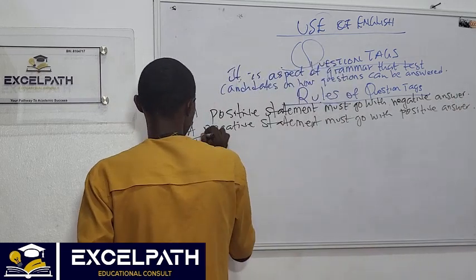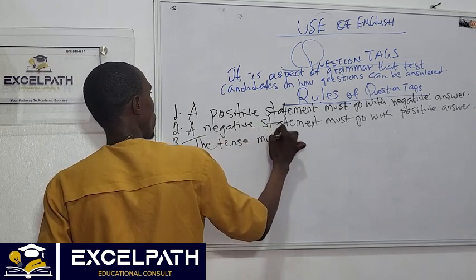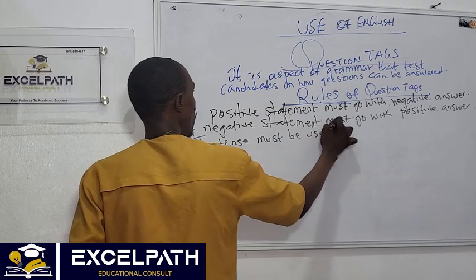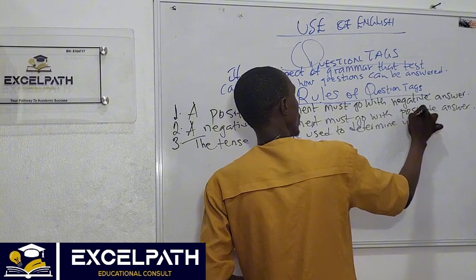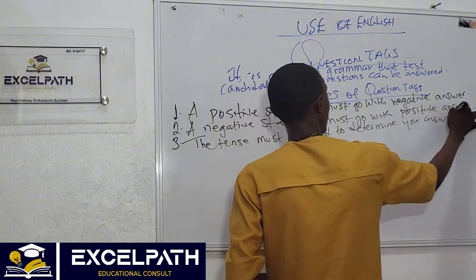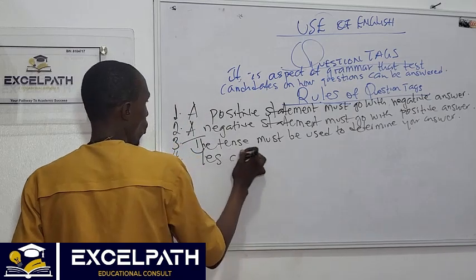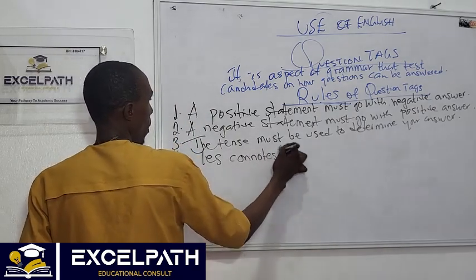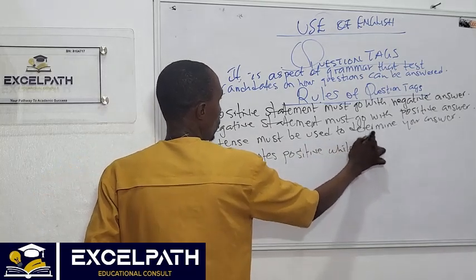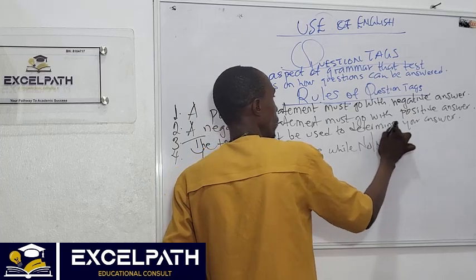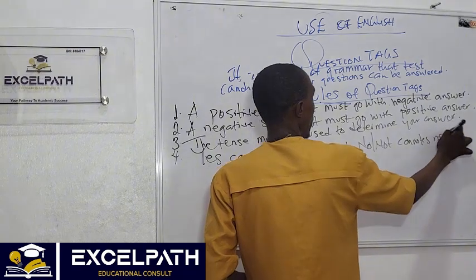Then number three, the tense must be used to determine your answer. And number four, yes connotes positive, while no/not connotes negative.